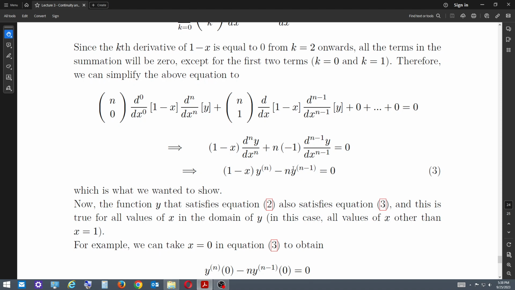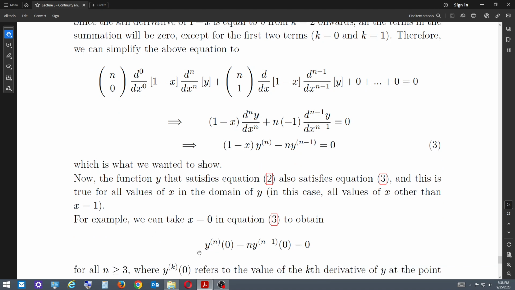Another thing you might sometimes see is that you might be asked to prove something like this, but for a specific value of x. For example, suppose I took x as 0 and plugged it into this equation. Then 1 minus 0 is 1. Now this y, remember y is a function of x, so this derivative has to be at the point 0.